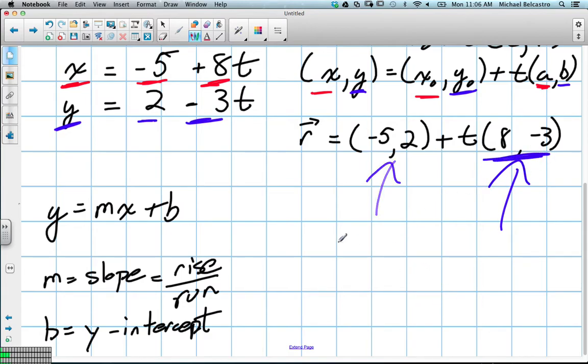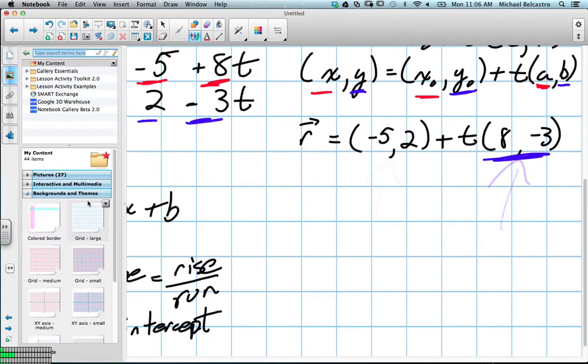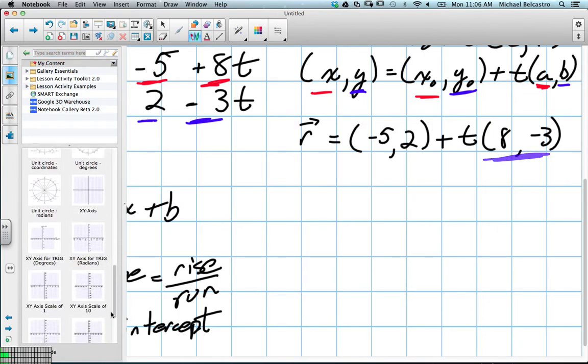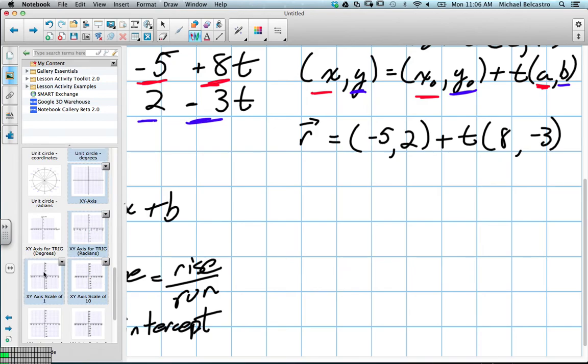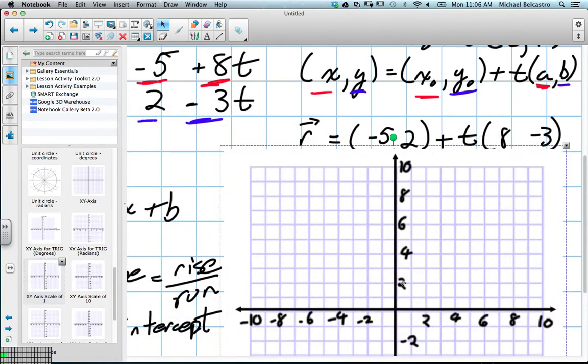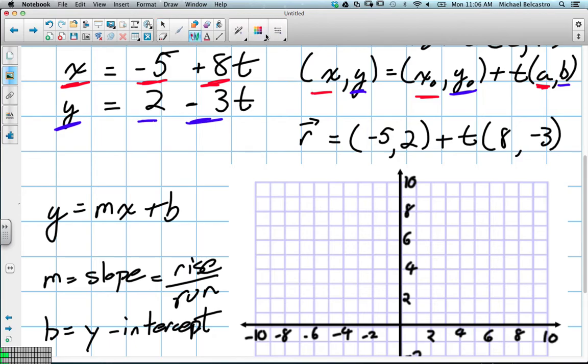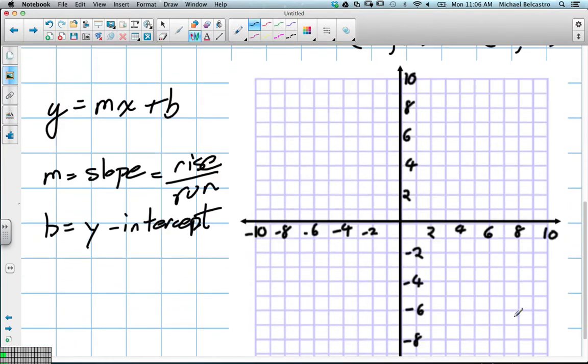And actually, we're going to bring out a graph here so we can really get a visual of what this might look like. Sorry about that. Okay. So we have our positional vector, which is at 8, -3. So we have to go down a little. We know it's going from the origin.